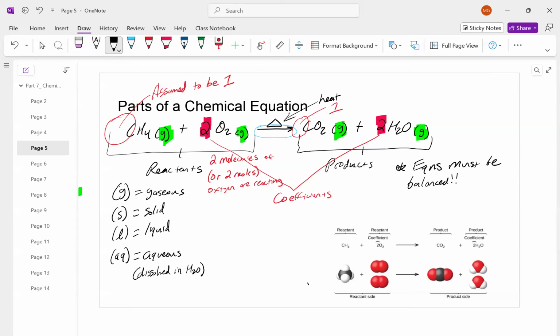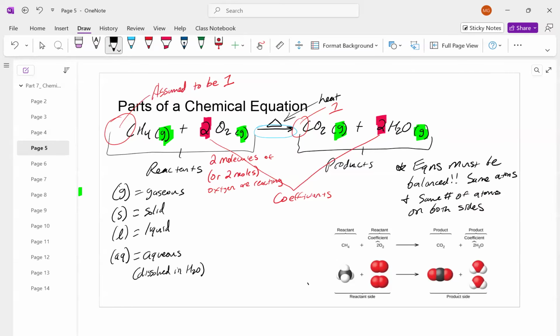What I mean by that is that you have the same atoms and same number of atoms on both sides. Because all reactions have to follow the law of conservation of mass. Matter cannot be created or destroyed. It can rearrange, though.